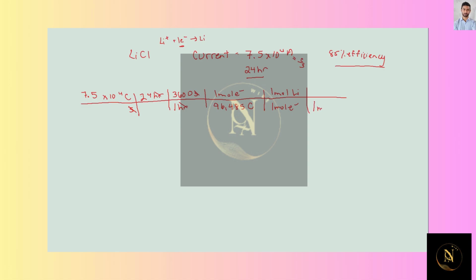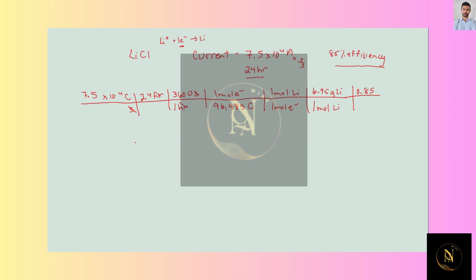And then I can go to mass. For every 1 mole of lithium, the molar mass is 6.95 grams of lithium. And then I only have an 85% efficiency, so I'm going to be multiplying that by 0.85, because I'm only going to get 0.85 of the amount that I expected I should get.